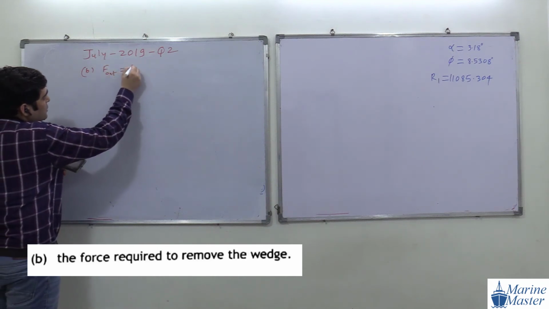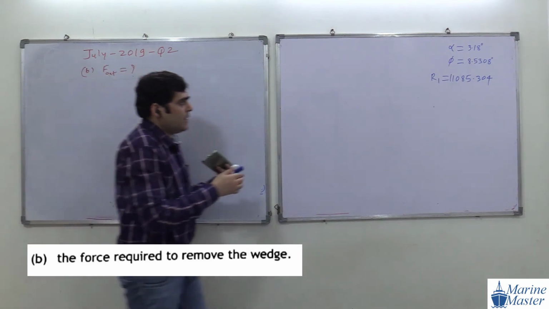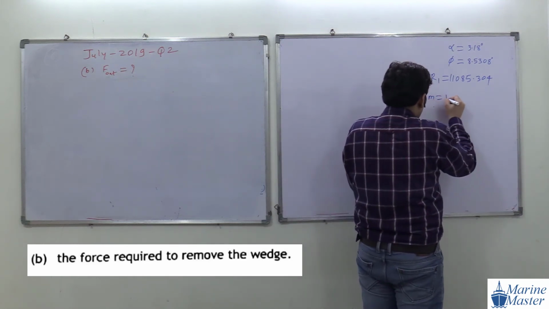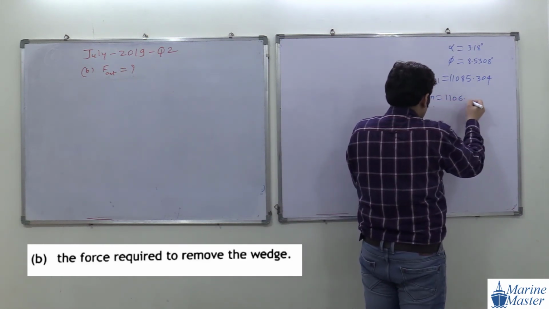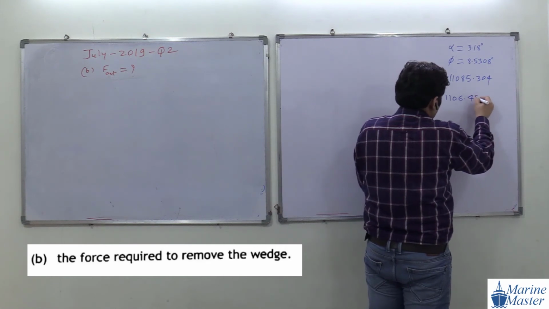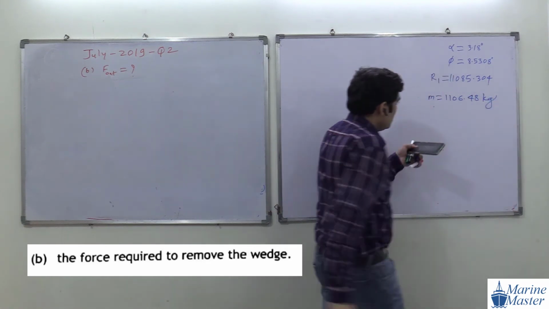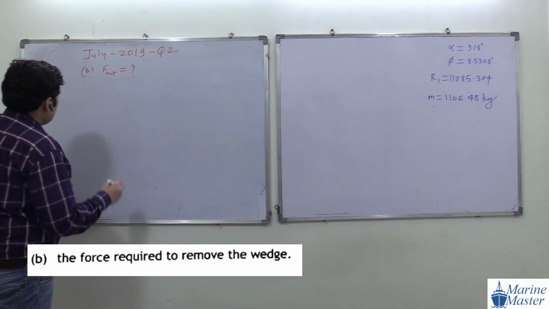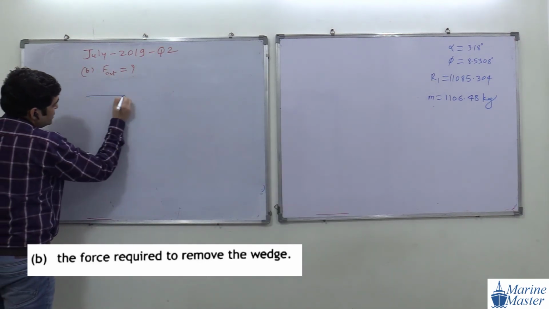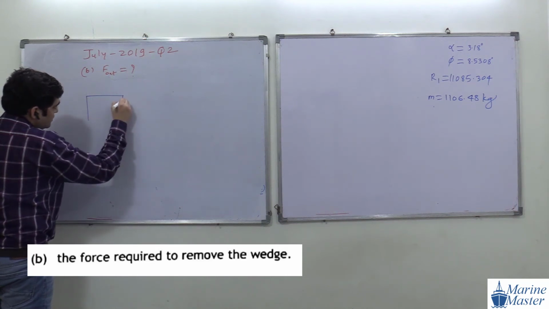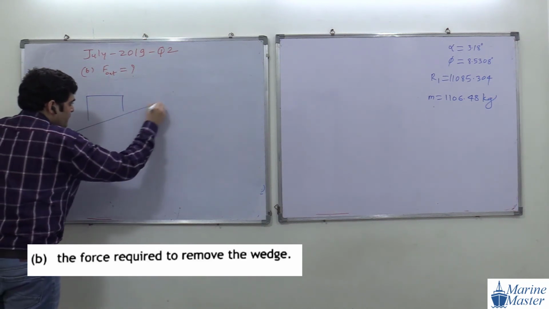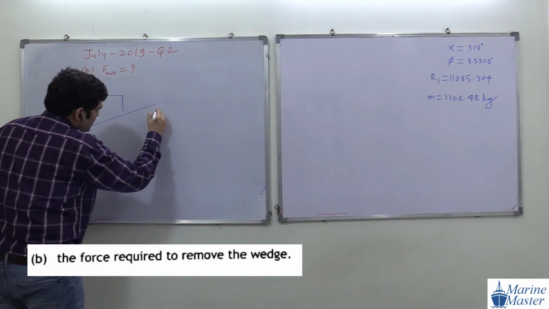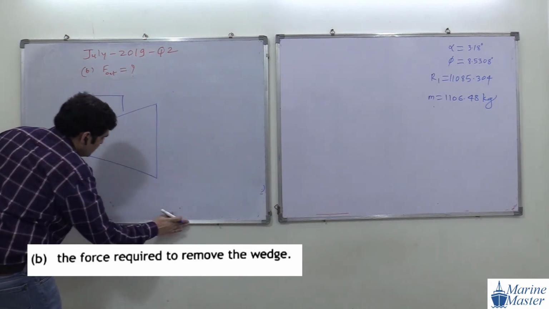Guys, just tell me the value of M, everyone. What M did we calculate? 0.048 kilogram. We have written the unit also now. Check it once again. So here we have our engine bed plate. This is a wedge.